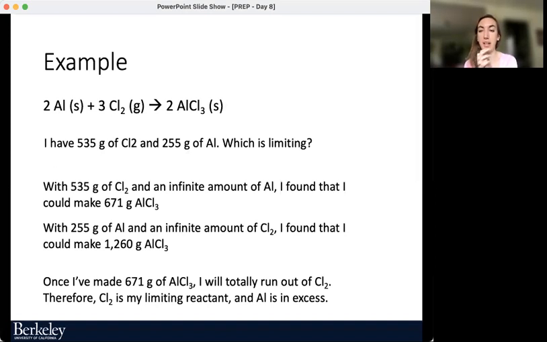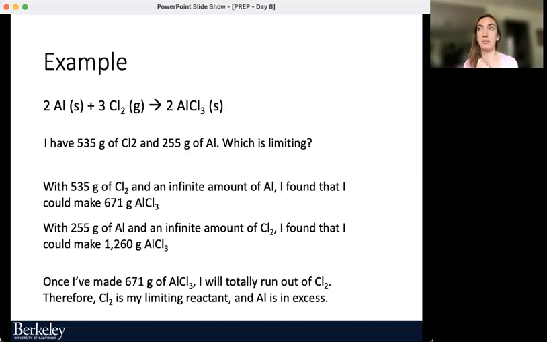So I just think of this as my reaction is running over time. I start out with 0 grams of AlCl3. And then at some point in time, I've made 600, 650, 671. And once I make that 671 grams of AlCl3, I'm out of chlorine. And so I stop, I'm done. And so chlorine is my limiting reactant.